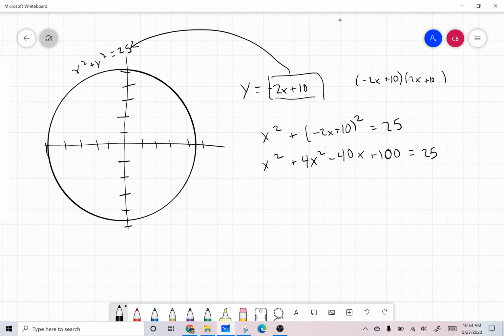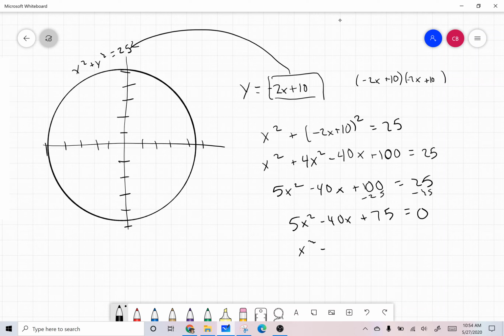Okay, so then this is 5x squared minus 40x plus 100 is equal to 25. Let's move the 25 over. We get 5x squared minus 40x plus 75 is equal to 0. I've subtracted 25. Okay, divide the 5 out.